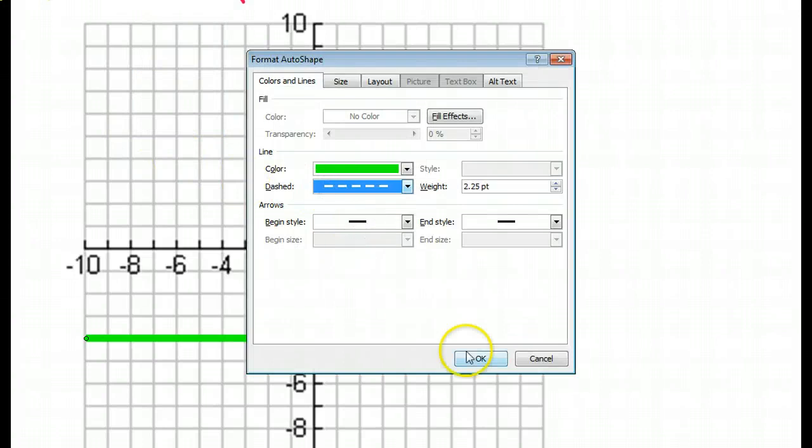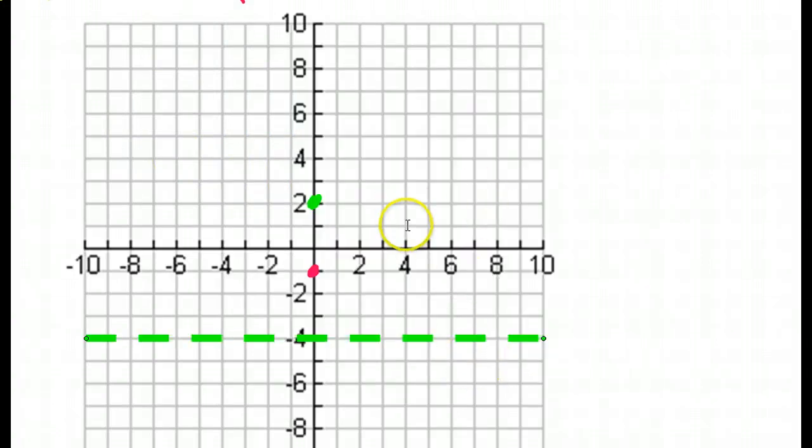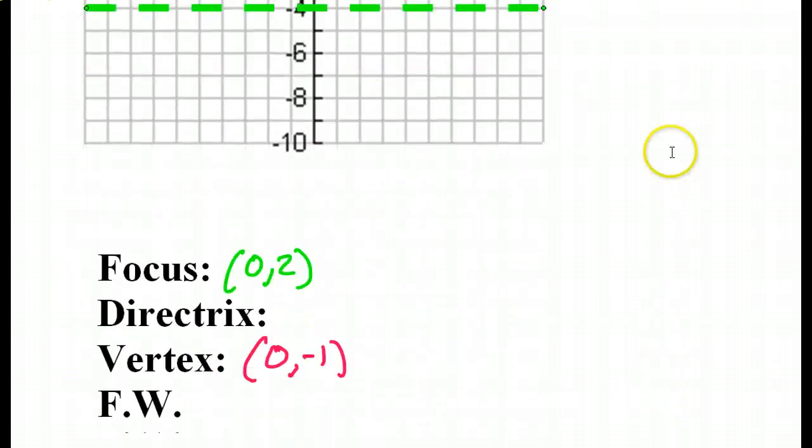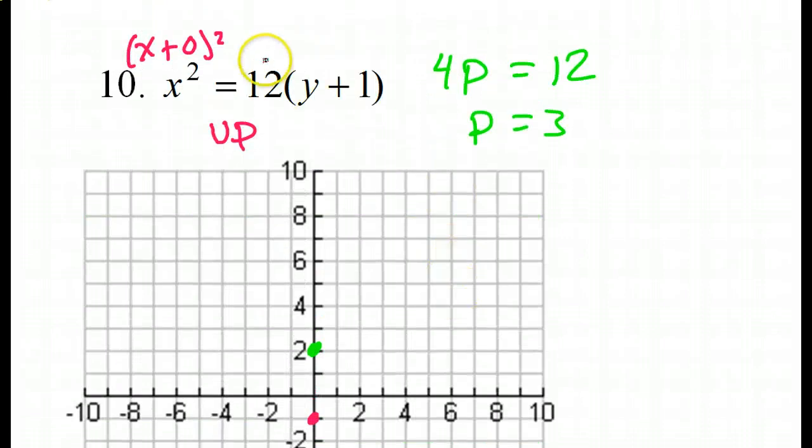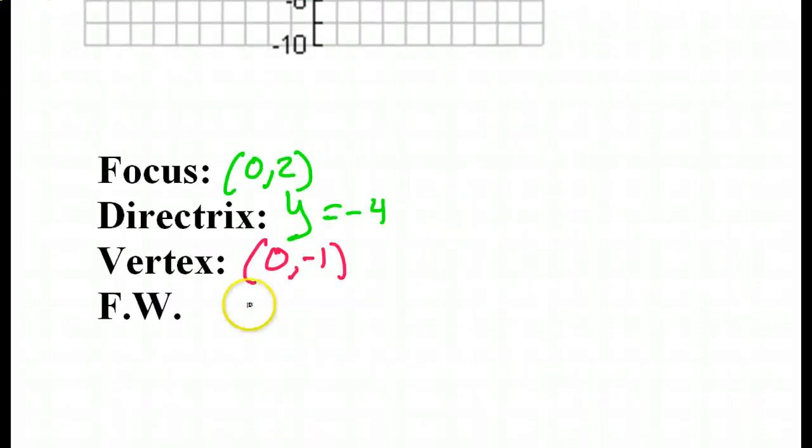Okay, by the way, that is the line y equals negative 4. All right, don't just put negative 4, put y equals negative 4. Very important. Now, we're going to need this focal width anyway next, so might as well write it down. Focal width is 12.